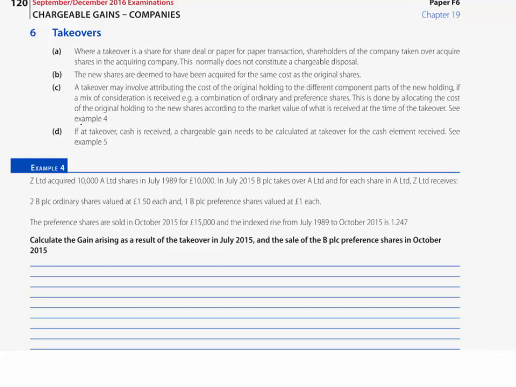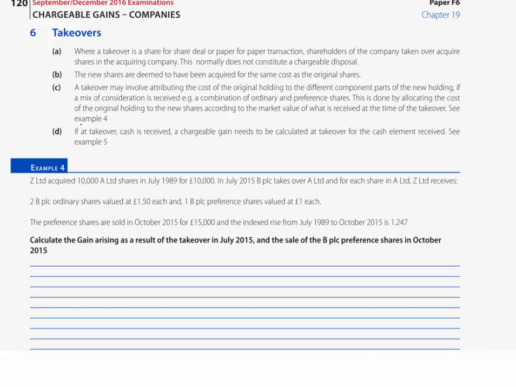Maybe we bought shares in A plc. But then at some point along came another company, say V plc, and took over A plc. That means that we got issued with, as no doubt this will be a share deal, shares in V for the shares that we held in company A plc.